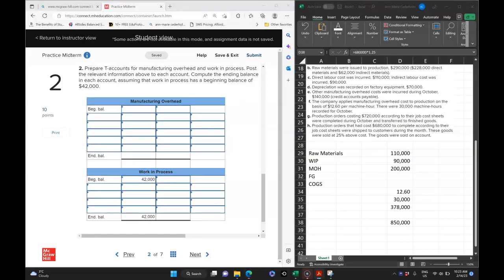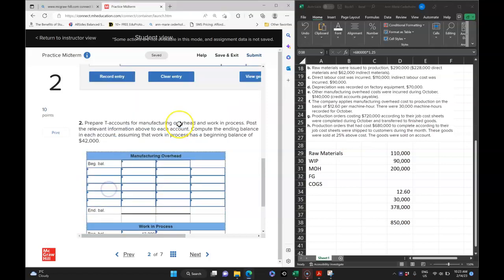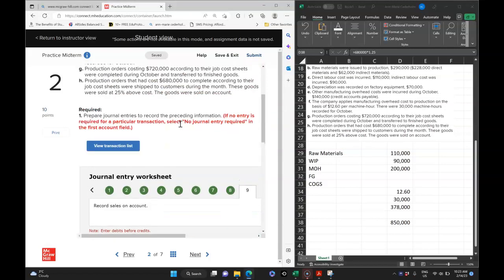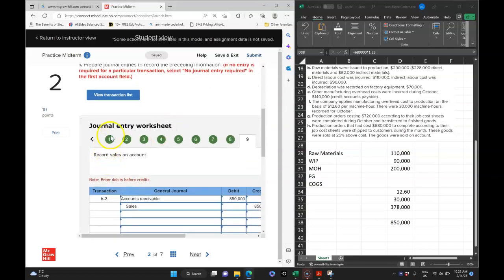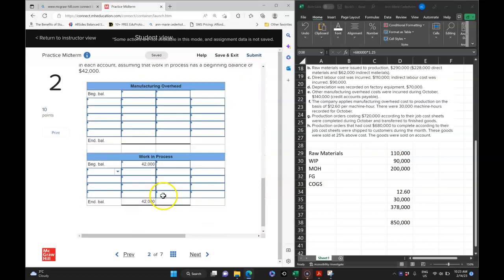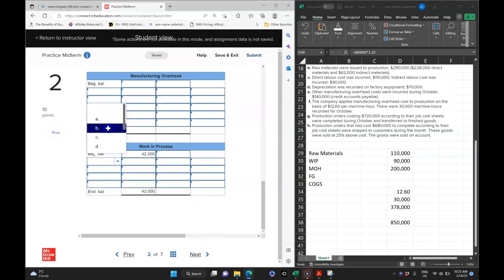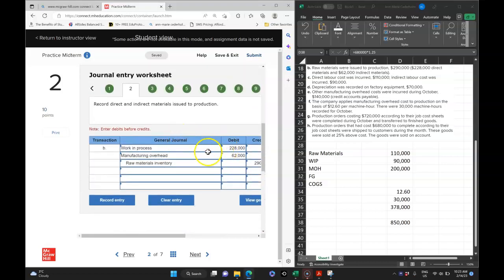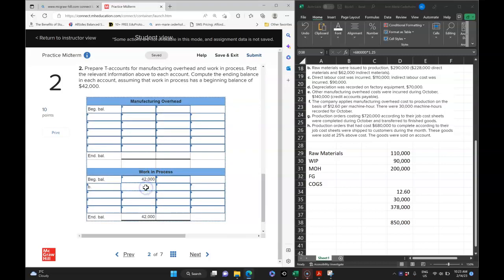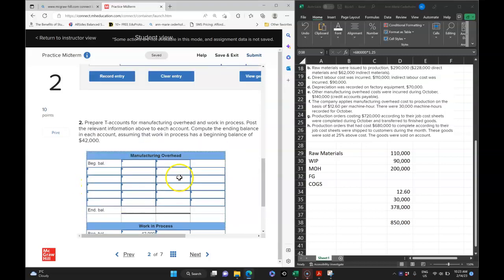And now all I'm going to do is read my journal entries. I'll just start at part 1, and anywhere that I see work in process, I'm going to put it into my WIP account. So I see work in process here, so I'll go down to B, and then I'm going to put that amount in as the debit. So the journal entries are done, so I'm not doing anything now. All I'm doing is posting them and reading the journal entries.